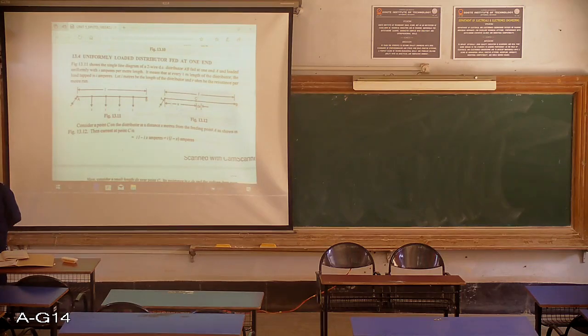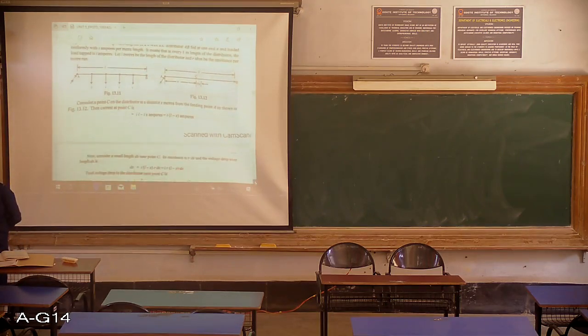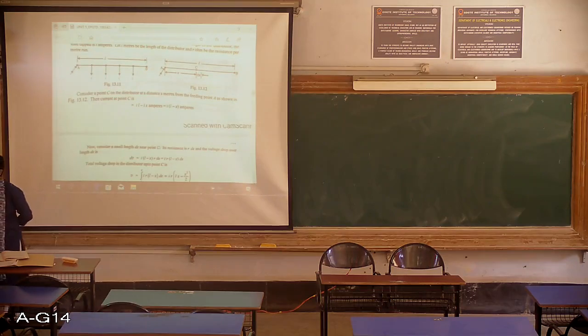The entire length-wise I into L minus I into x is the current available at point C. So I into (L minus x) amperes is the current available at point C. Now we consider a small length dx near point C. Its resistance will be what? R into dx.